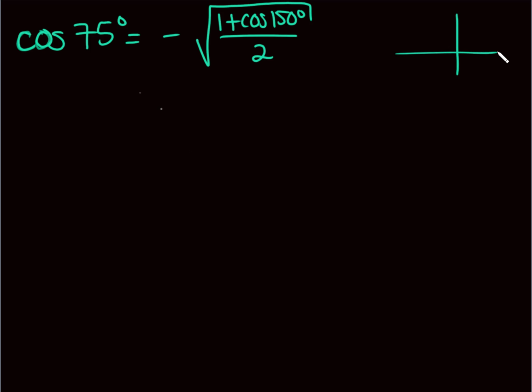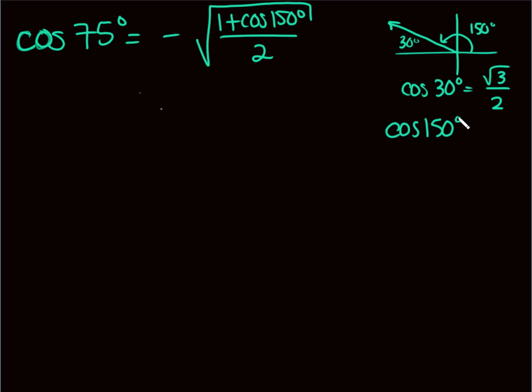So you could use your unit circle if you want. What I like to do is say, okay, here's 150 degrees, right? What is my reference angle? My reference angle is 30. I know that the cosine of 30 degrees is root 3 over 2, but I'm in the second quadrant, so the cosine of 150 degrees is going to almost be that, but I'm in the second quadrant, so it's negative.